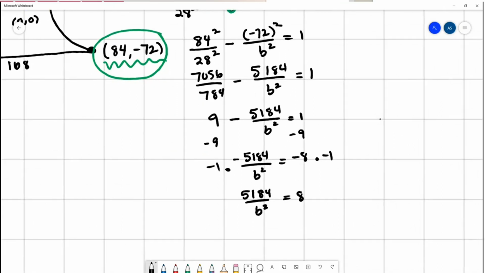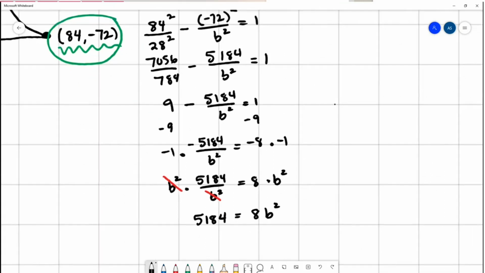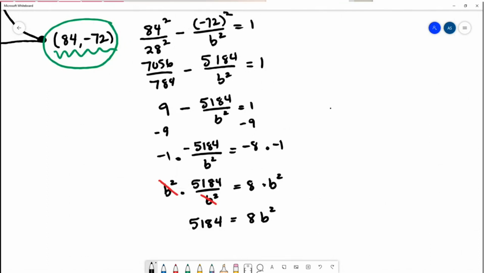I'm going to continue solving for b. To solve for b, I want the variable out of the denominator, so I'm going to multiply by b squared on both sides. On the left-hand side, the b squareds cancel. I have 5,184 equals 8b squared. Now I can solve for b by dividing by 8 on both sides.